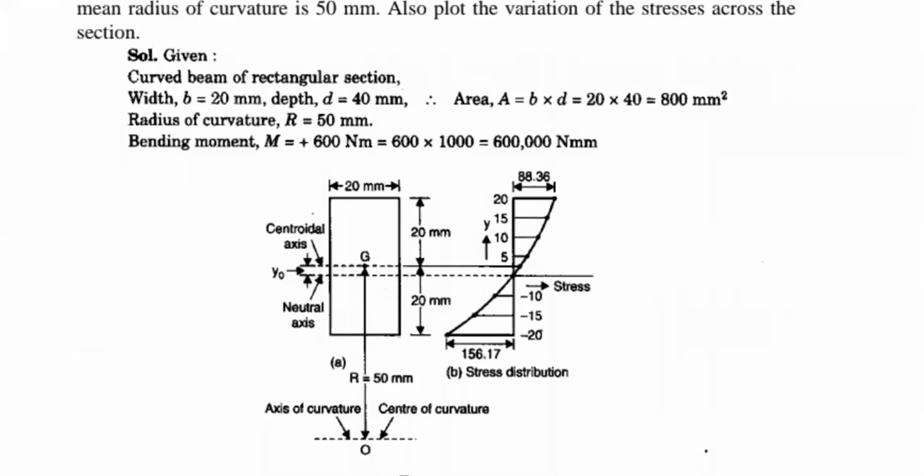B is 20 mm, D above the neutral axis is 20 mm, and below the neutral axis 20 mm. Please don't bother about the right hand side stress distribution; this will occur at the end of your problem. Just concentrate on the figure, that is, the dimensions.